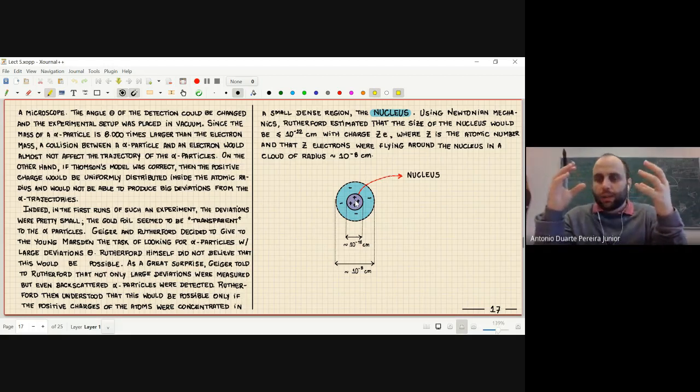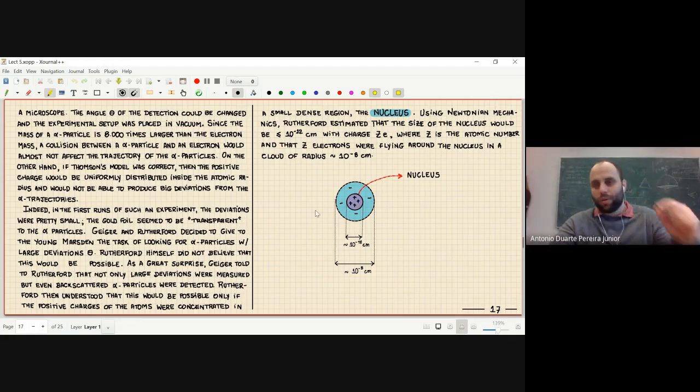So matter made out of positive and negative charges would not be stable because atoms would not exist for a long time. So this is a huge problem when you take seriously this model by Rutherford.